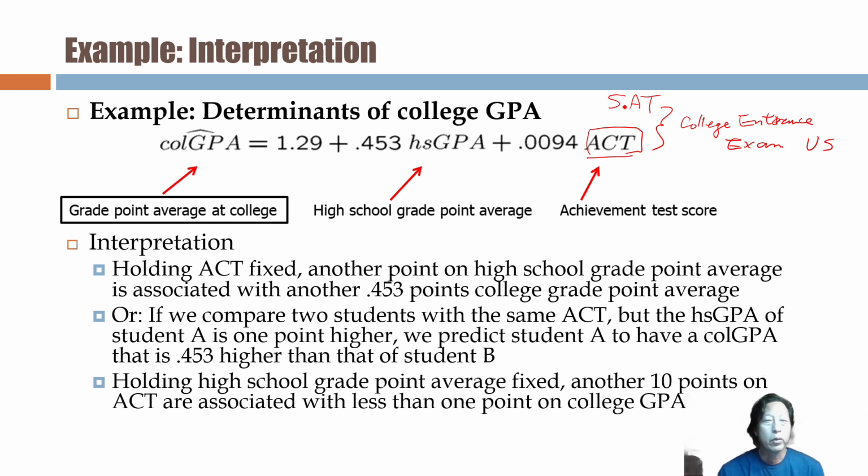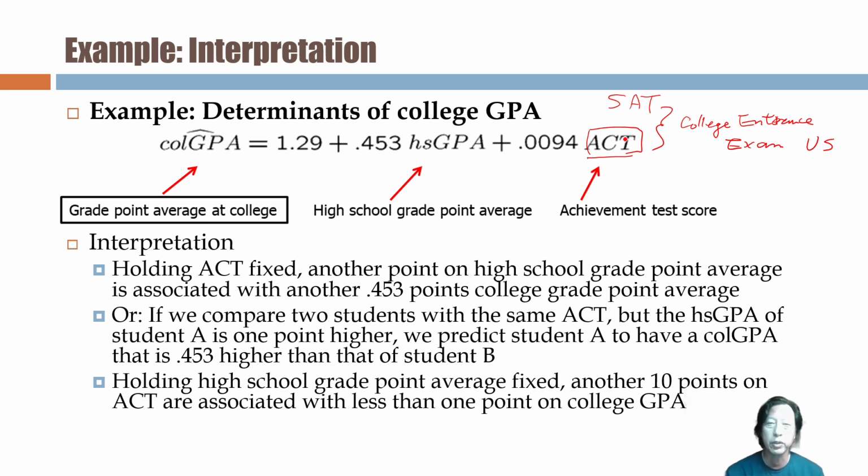So what does this number mean? It's 0.453. If the high school GPA is 1 point higher, everything else the same. So there are two students with exactly the same ACT score, but one student has a high school GPA 1 point higher than the other.